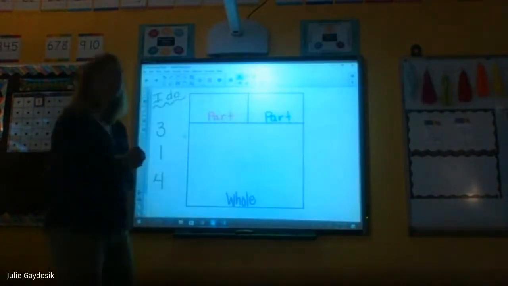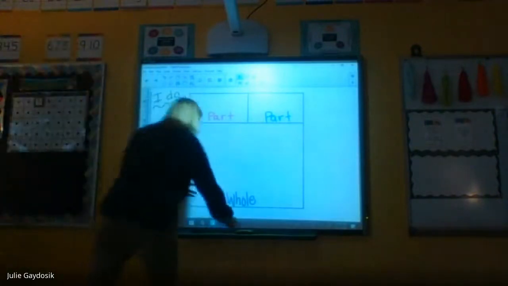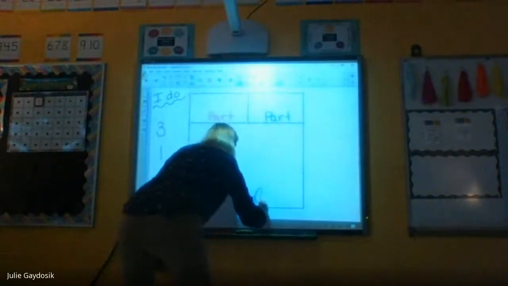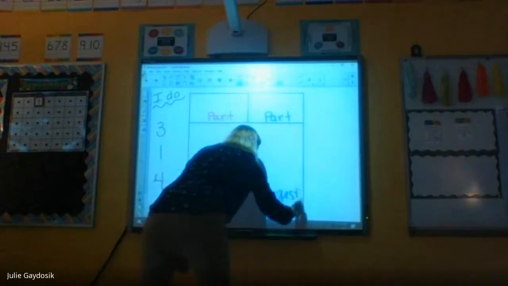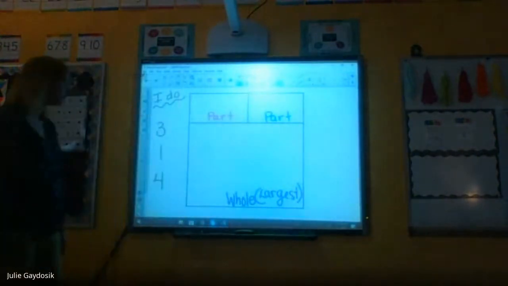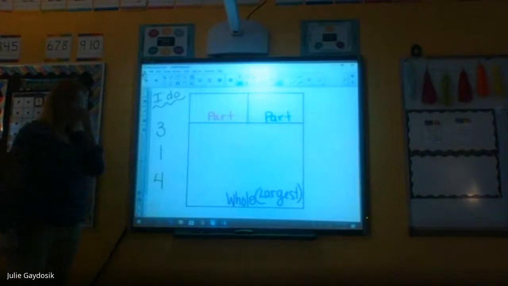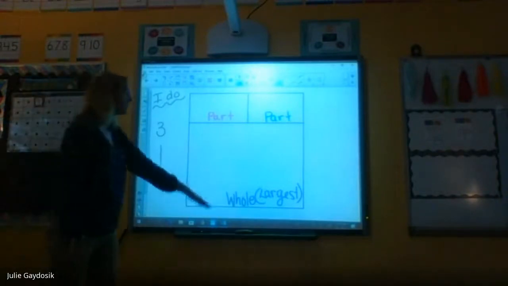The whole is the largest number. So when you think of the whole, you're thinking of what is the largest number in my set of numbers. And you will always get a set of numbers. So this is my set of numbers over here. I'm going to do this one, and I just want you to follow along, but then you're going to get out your notebook and do one with me. So this is the largest number.